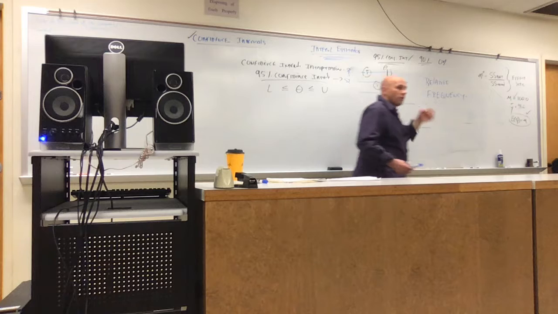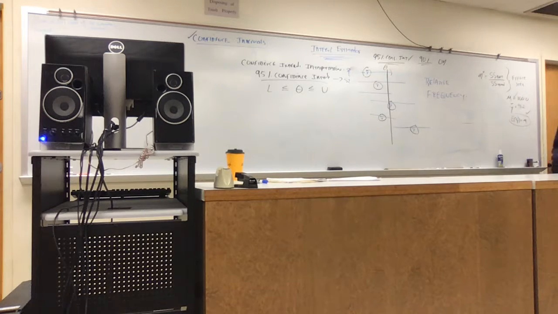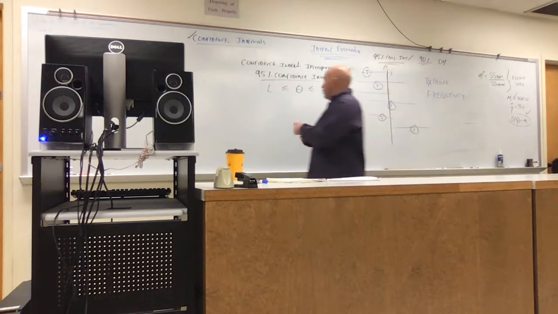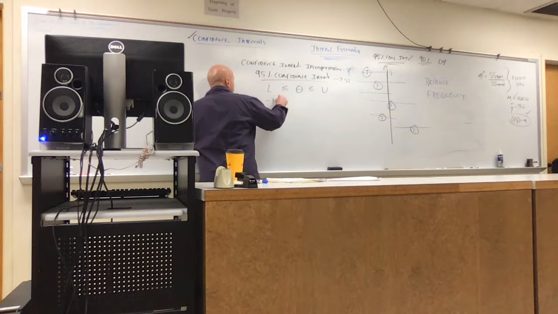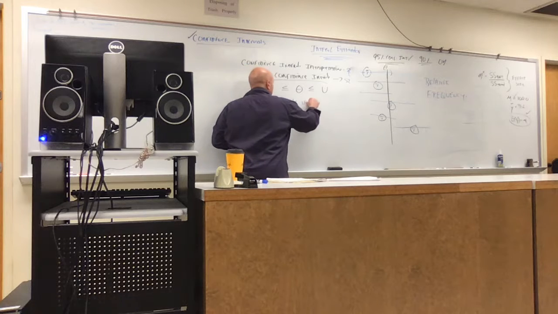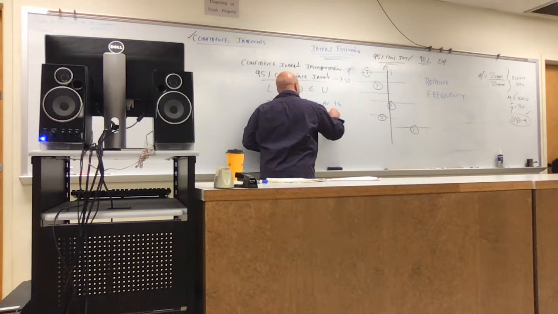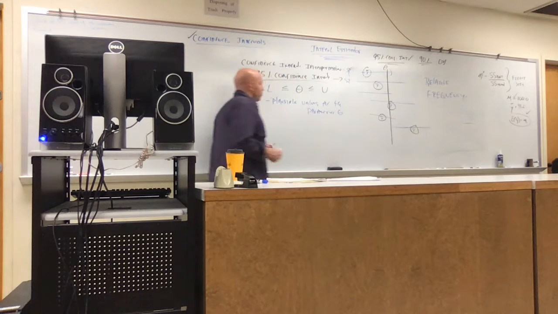So that confidence interval is giving us a range of values, plausible values for the parameter, right? So let's put that down. It's the range of plausible values for the parameter theta.